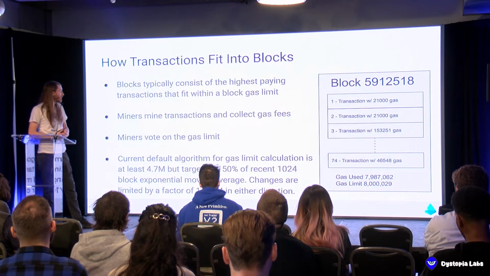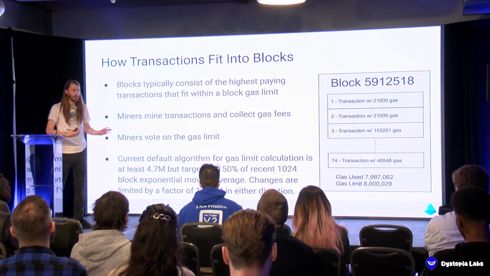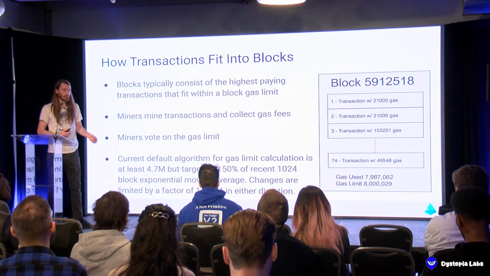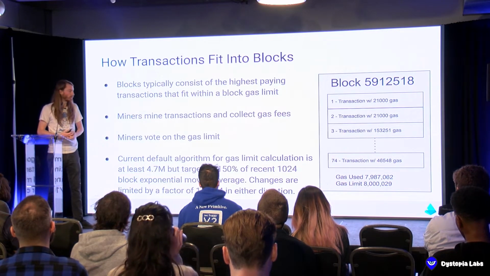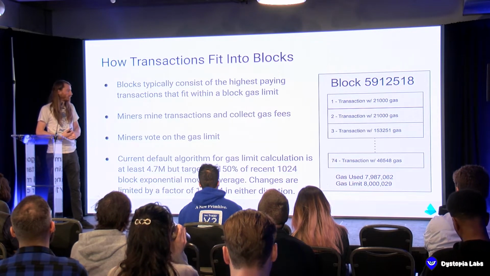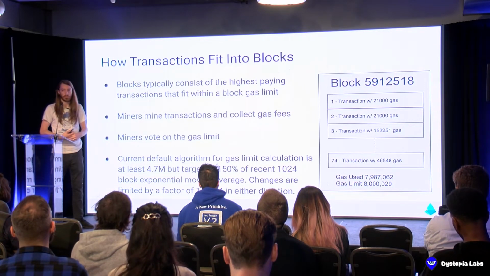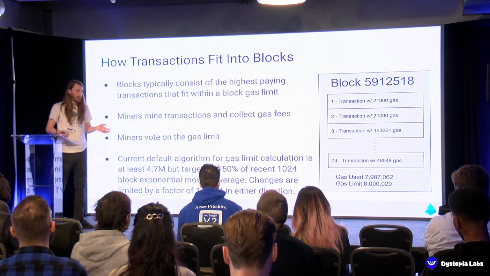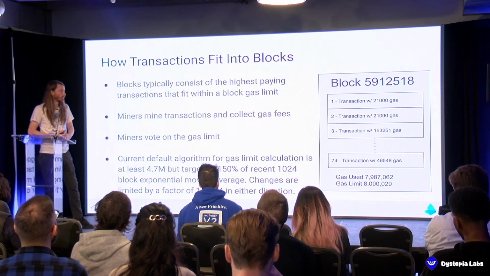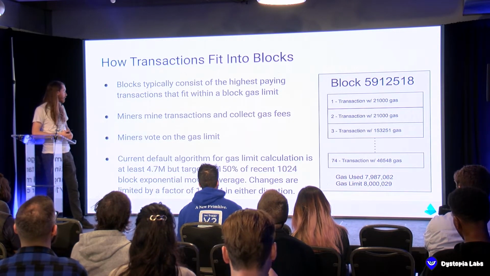It's a little bit different now with EIP 1559, the protocol upgrade that was done last year, where most of the fees are burned into oblivion or destroyed, and only the tips go to the block producer.